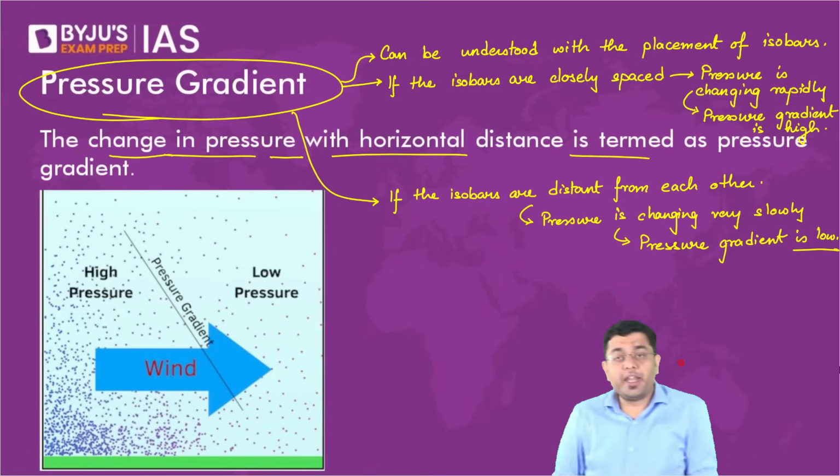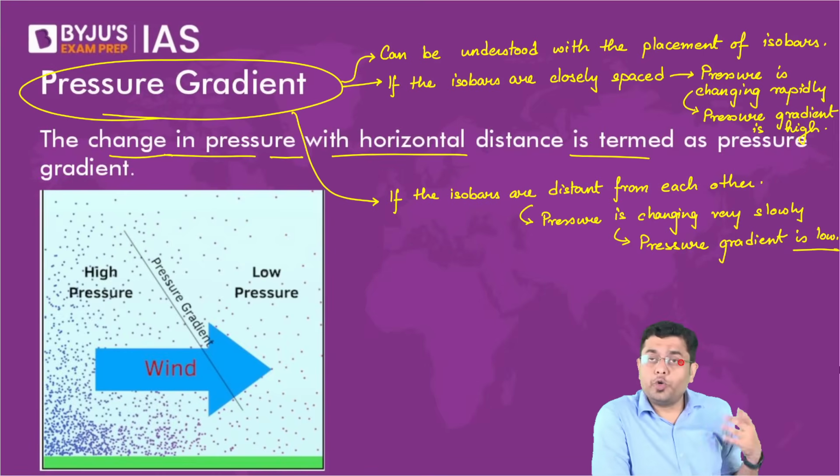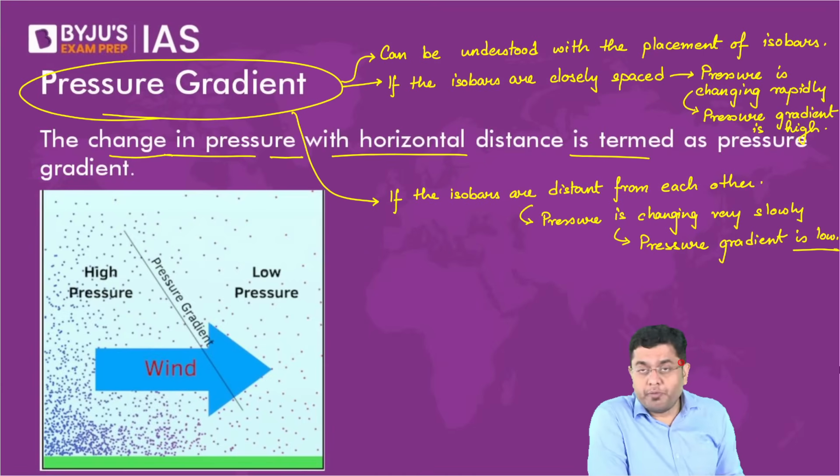Now, this pressure gradient is an important factor in order to determine the direction of the wind which moves from one region to another.